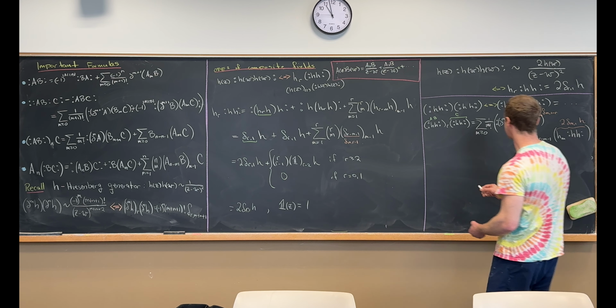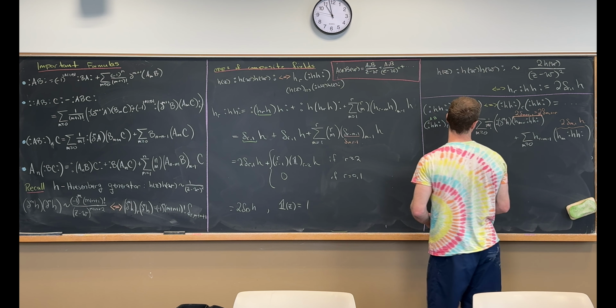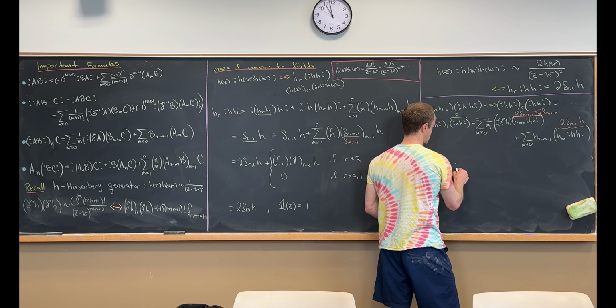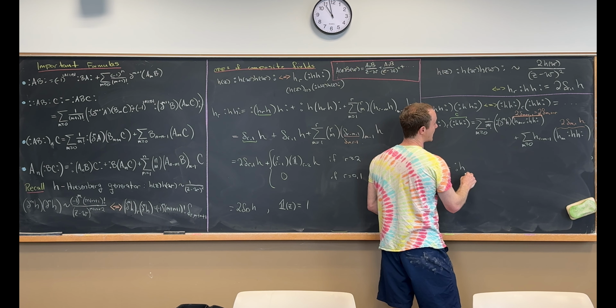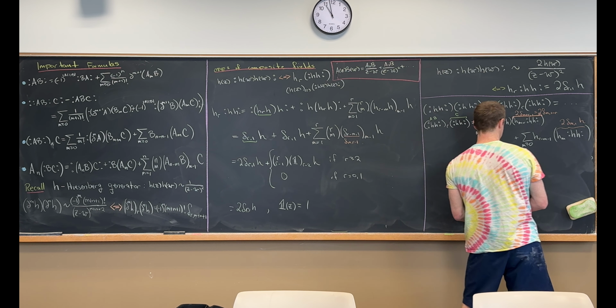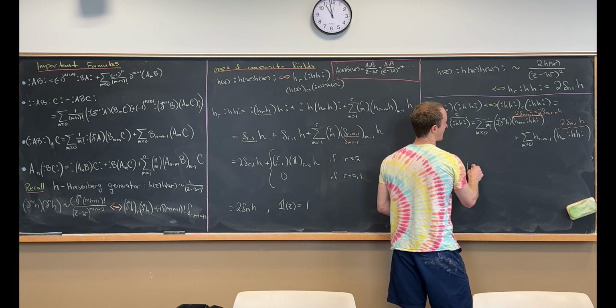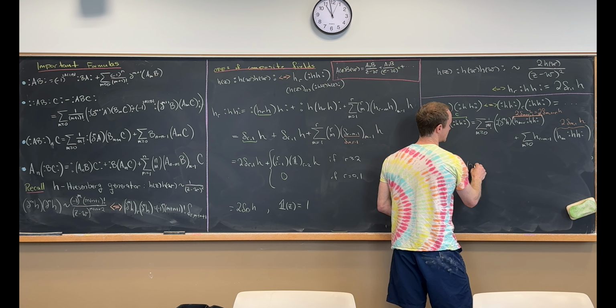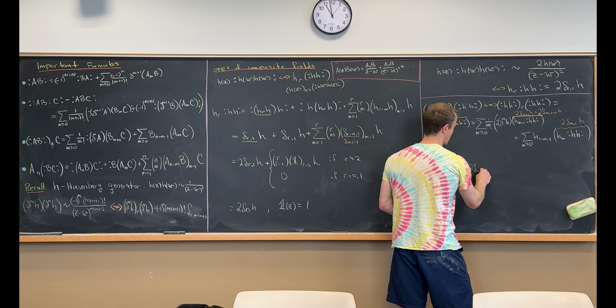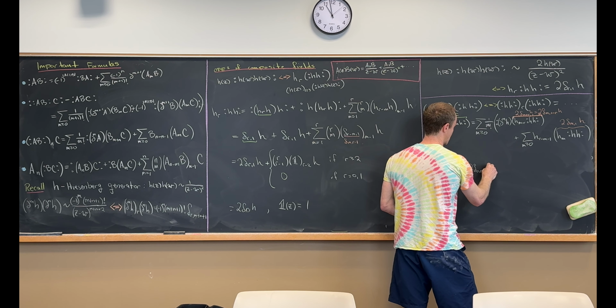For the 0th term, that's going to be the normally ordered product of H with, oh, I forgot an H over here, this was an H, with 2 delta 0 R minus 1 H.